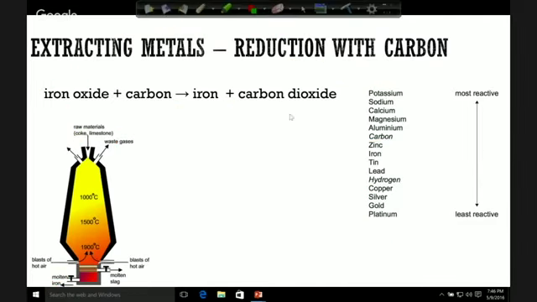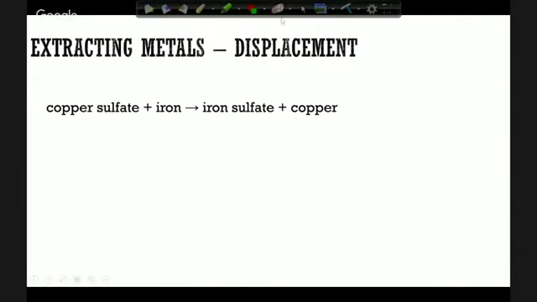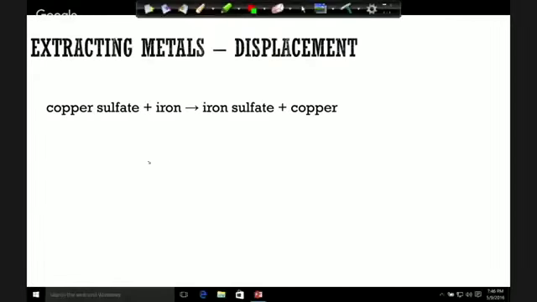The next way that we're going to talk about is a displacement reaction. And a displacement reaction is one where a more reactive metal comes in and displaces the less reactive metal. So a more reactive metal, and this is why you'll need your reactivity series, which you get on your data sheet as well.